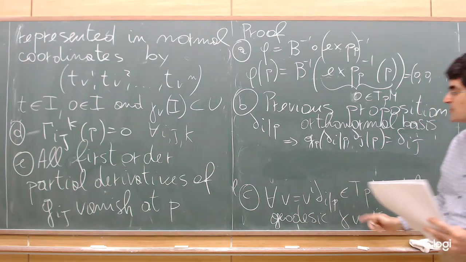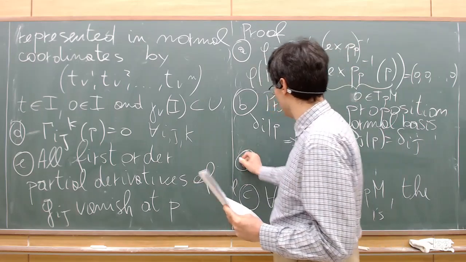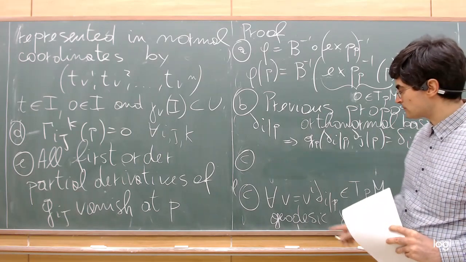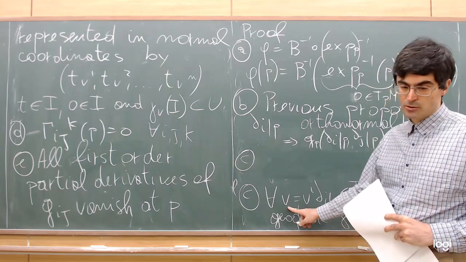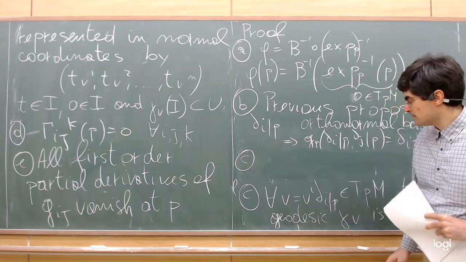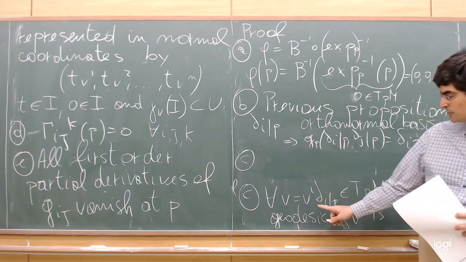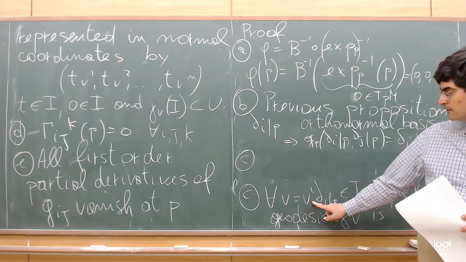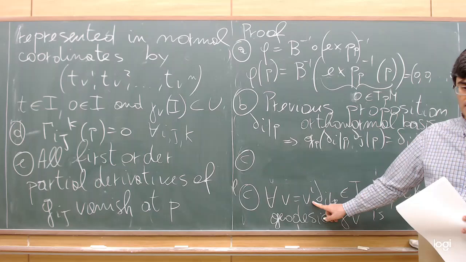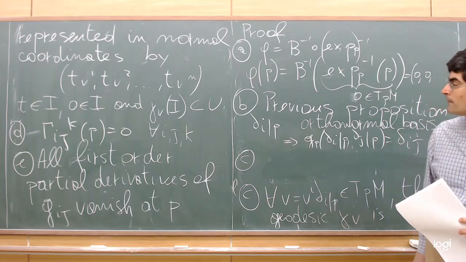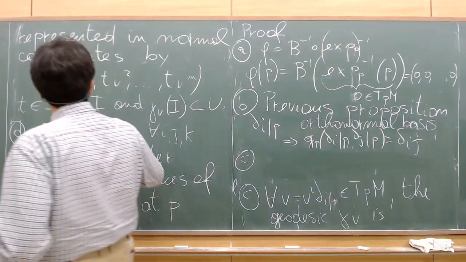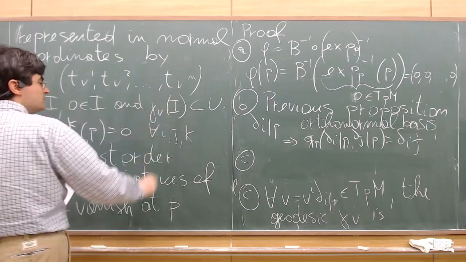Now we have to prove C. It is the representation in coordinates of a geodesic having initial velocity vector equal to the vector having v1, v2, vn as components with respect to this basis, here is tv1, tv2, tvn.